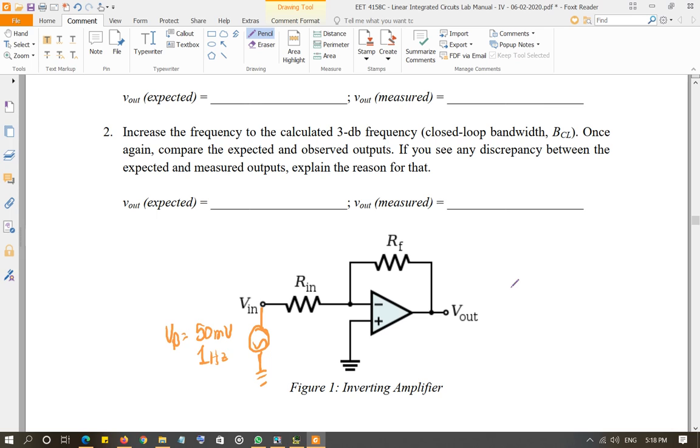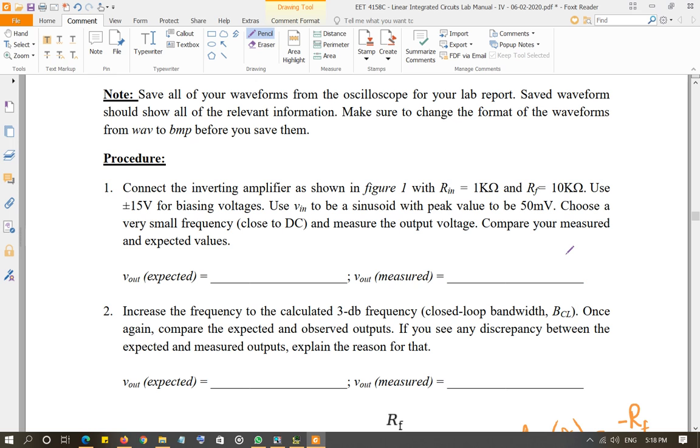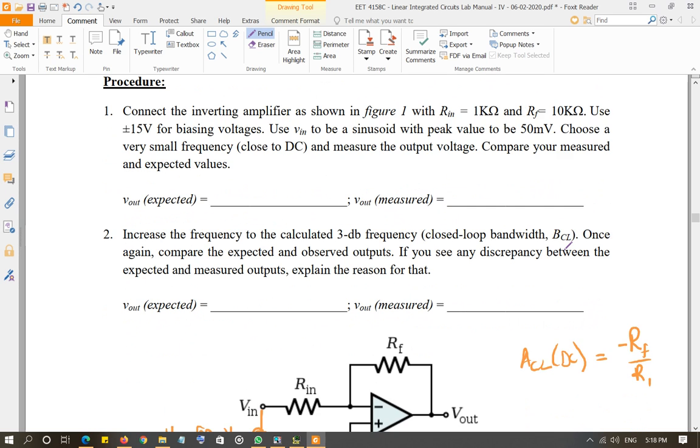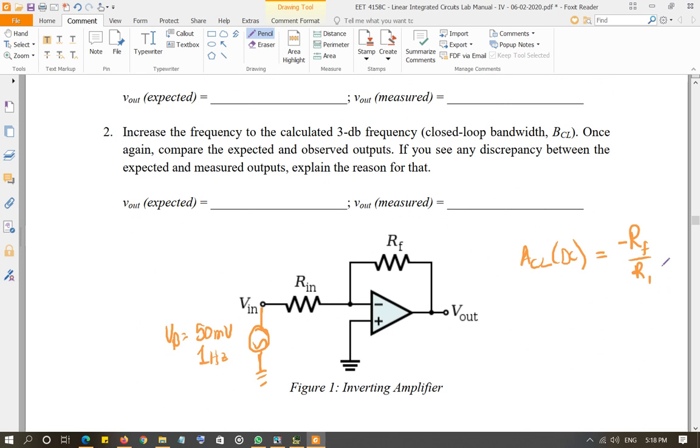At close to DC, what output do you expect, or what gain do you expect? The gain that you will expect will be simply ACL DC, which in this case, of course it's an inverting amplifier, is going to be negative RF over R1. And since RF is 10 kilo ohm and R1 is 1 kilo ohm, the gain is negative 10.